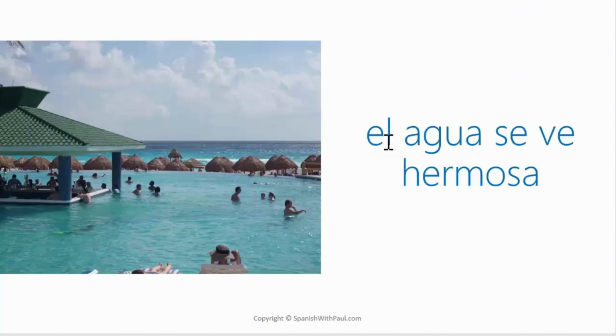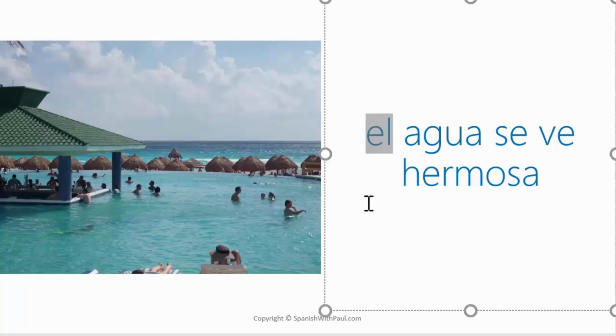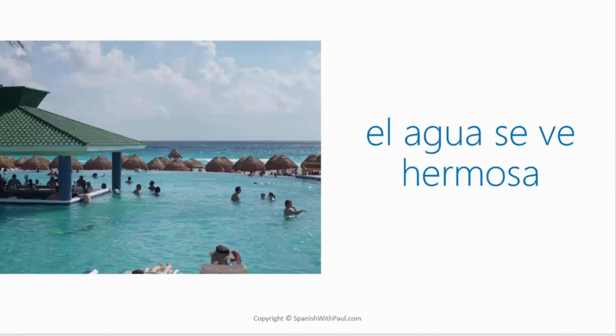But we have el agua, el for pronunciation reasons. It does not mean that agua is a masculine word. Agua is a feminine word. So this is why it was a little bit tricky, because you had to remember to go with hermosa, because you are describing a feminine noun. El agua se ve hermosa. And of course, this would repeat all the way down the line. So, el agua se ve preciosa, or el agua se ve bonita.